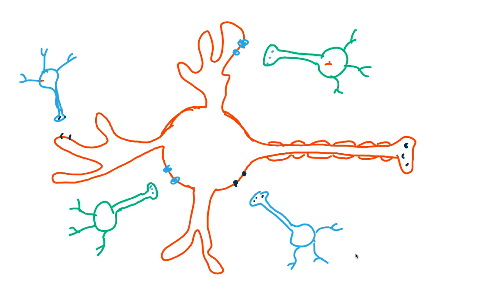Another part of the axon that I want to highlight is this region here. We're going to call this the axon hillock. I also think of it as the trigger point, or the trigger zone, and I think that's going to become increasingly clear here in a second, or I hope that it does.